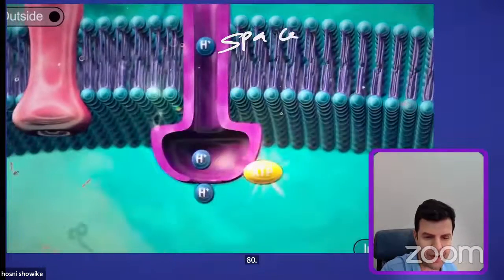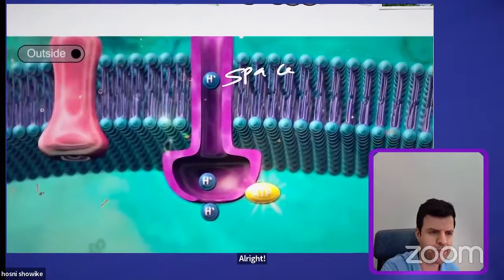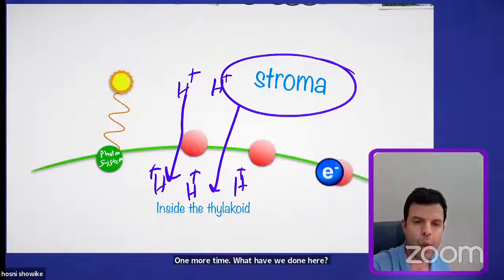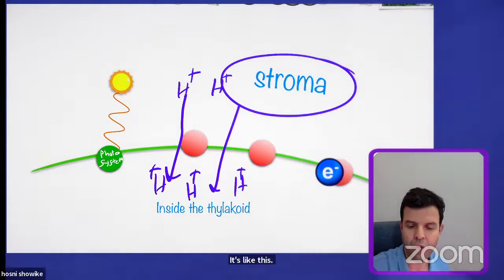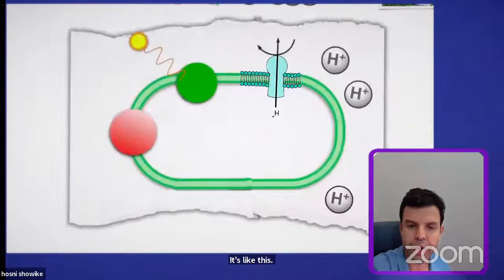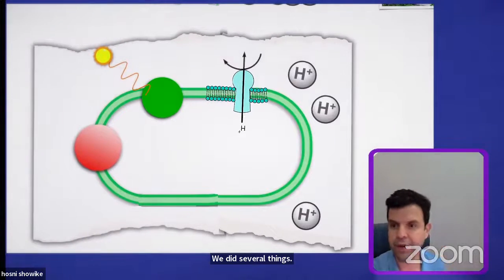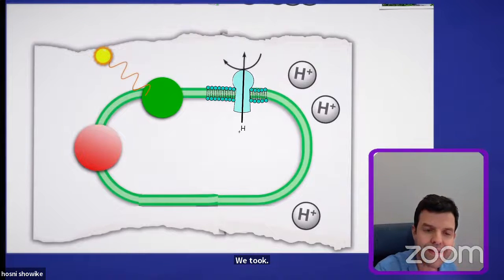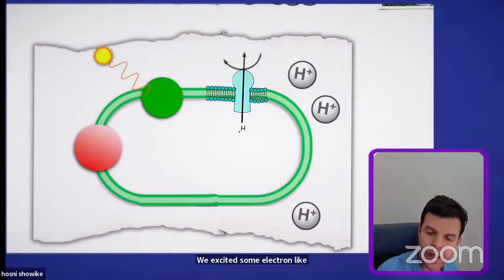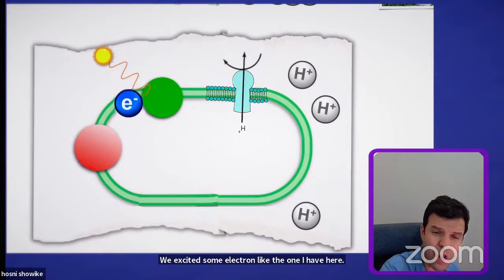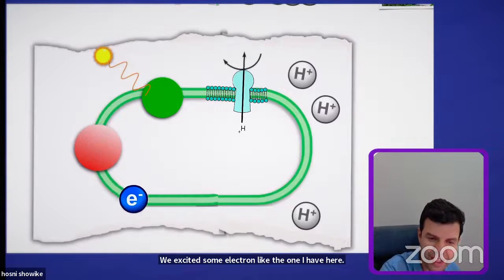All right. One more time. What have we done here? It's like this. We did several things. We took energy from the sun. We excited some electron, like the one I have here. And we moved that electron along like a chain.